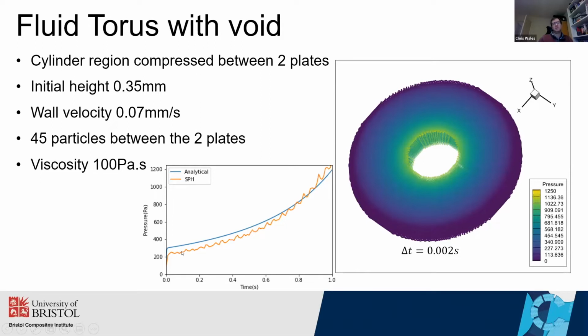Now, in this case, the maximum pressure, which corresponds to the pressure of the gas, is more noisy than it is in the pure SPH case. And this is because we've got a very small section height. So it's quite a small volume, so it's very sensitive to volume changes.